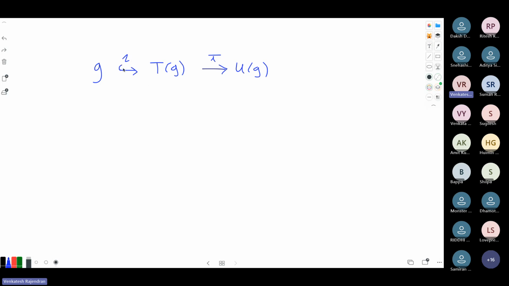So this is inclusion, but this is surjection. So there is no guarantee that the composition, which again we denoted by iota, is injective. Okay, but the first corollary of that theorem asserts that this map is indeed injective.